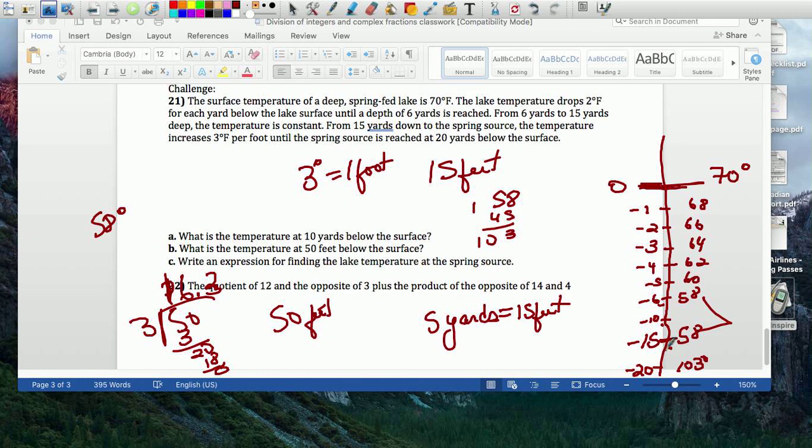Why did I put in yards? I should have put in feet. So 50 feet below surface level is going to be 16.3 yards under surface level, okay?